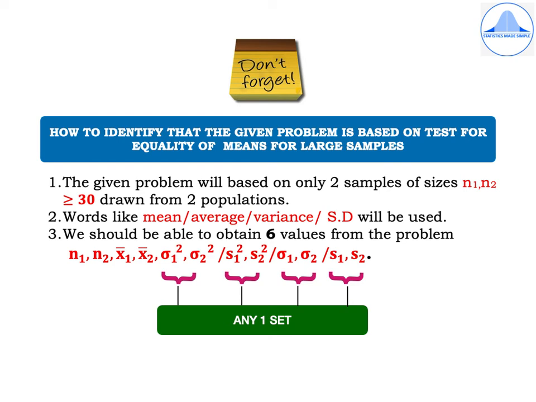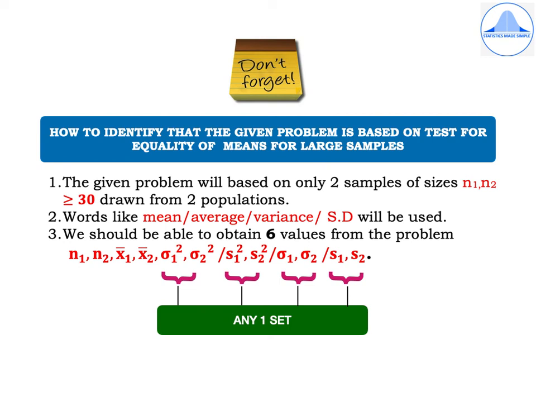So think in your mind, what is the test statistic for equality of means for large samples? It is z equal to x bar 1 minus x bar 2 divided by root of sigma 1 squared by n1 plus sigma 2 squared by n2, or if sigma 1 squared and sigma 2 squared are not known, they will give you s1 square and s2 square.